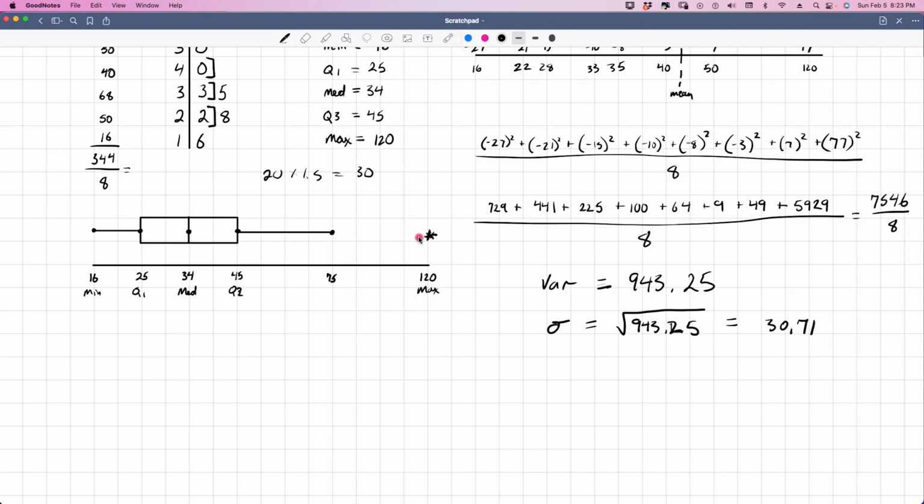It's our maximum data point, but it's a major outlier. It falls well outside of the range of all of these other values. So you want to account for that. You want to keep the data in there to show it on a box and whisker plot.